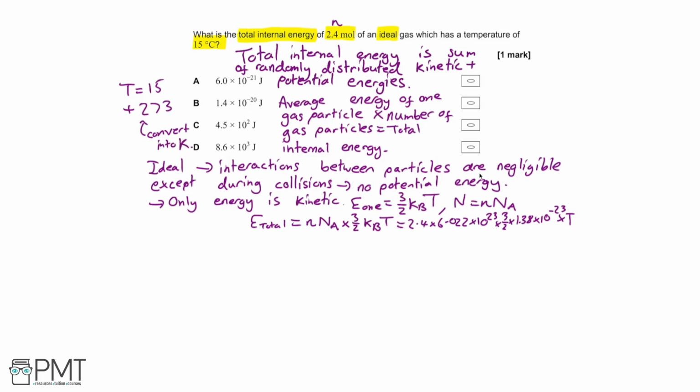So if we put that into our calculation for T, then we find that the total energy is given by 8616.18... which is approximately 8.6 times 10 to the 3 joules. Therefore, our answer is D.